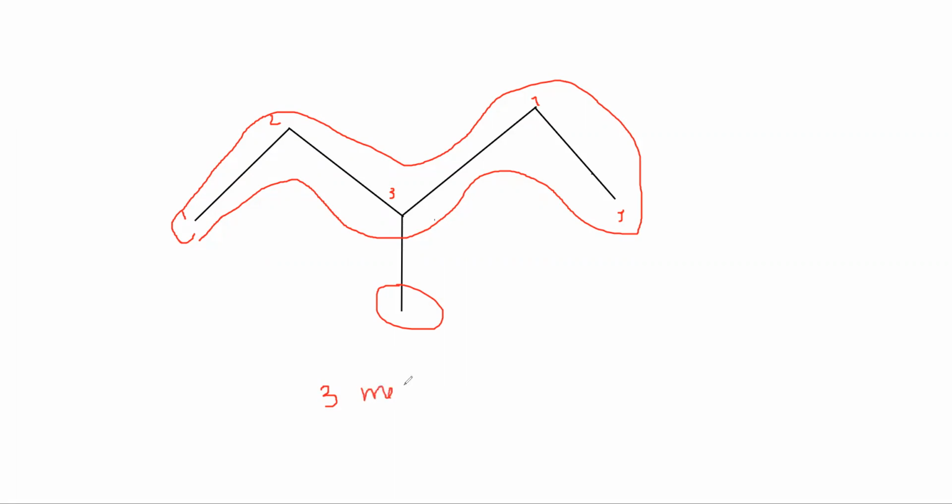Meth because 1 carbon, yl due to branch. And throughout the chain 1, 2, 3, 4, 5, so it will be pent and single bond, ane. So it is 3-methylpentane. Is it clear, the structure?